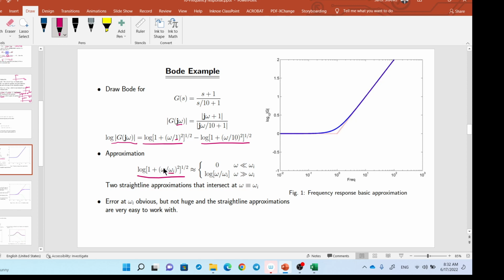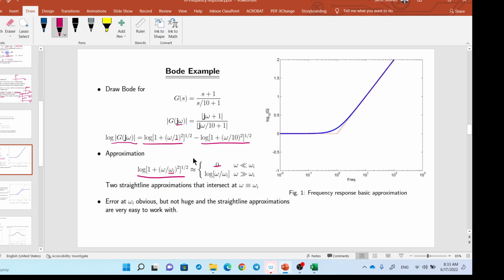So if this term is close to 0, it means omega is much less than omega I. Okay, so that the argument of the log function is close to 1. So if it's close to 1, it means log of 1 is 0, right? But this is not the actual curve, but just an asymptote. It means the curve must approach that asymptote, because it's just an approximation, right?